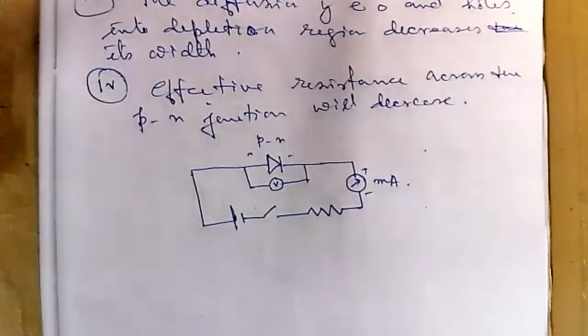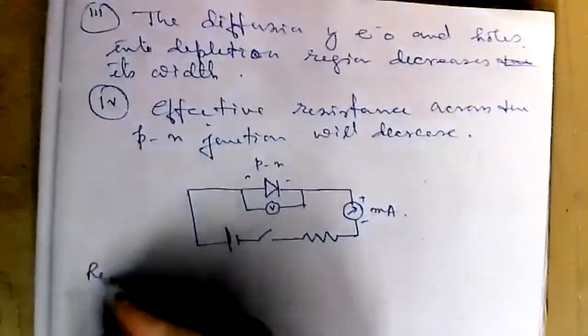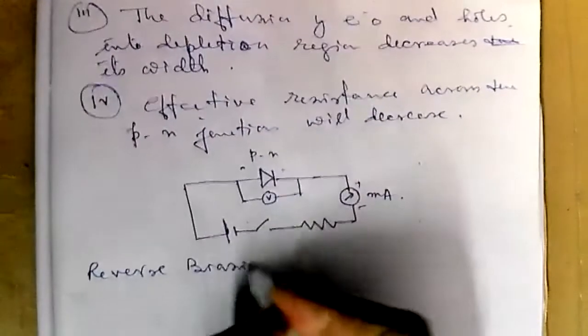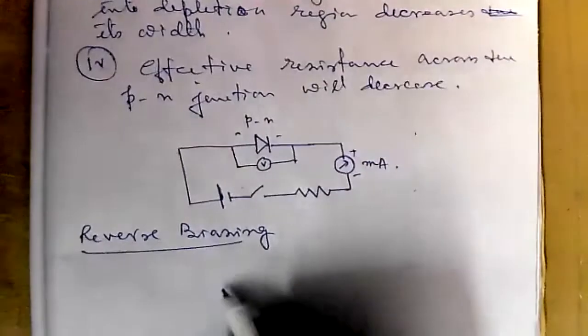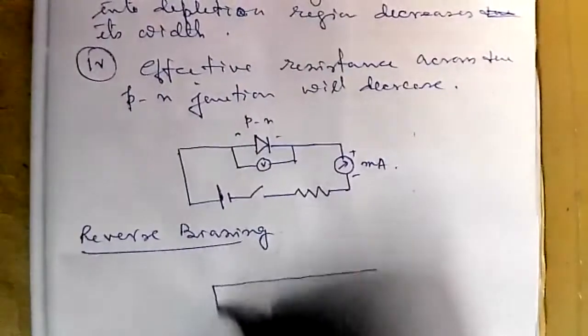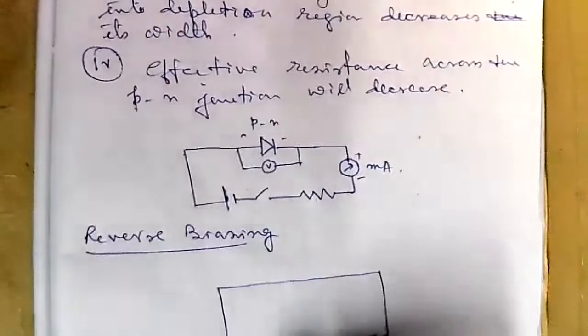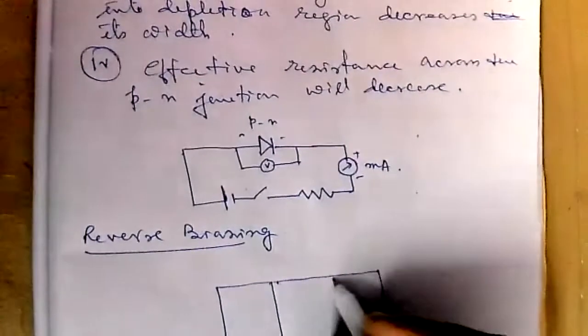Now, the second type of biasing, what I have mentioned, is the reverse biasing. So what do you expect in case of reverse biasing? Here, the N side is connected with the positive terminal of the battery, and the P side is connected with the negative terminal of the battery.